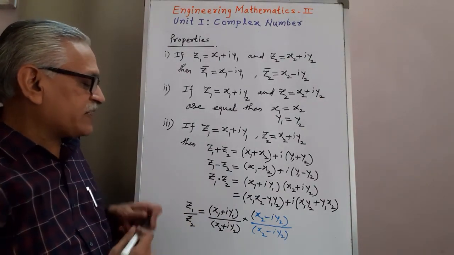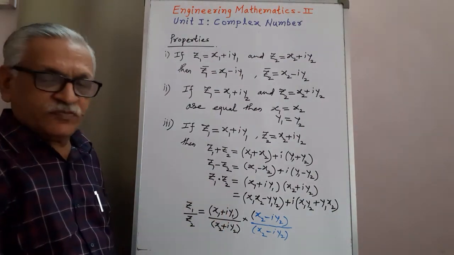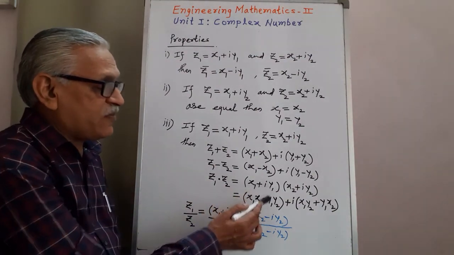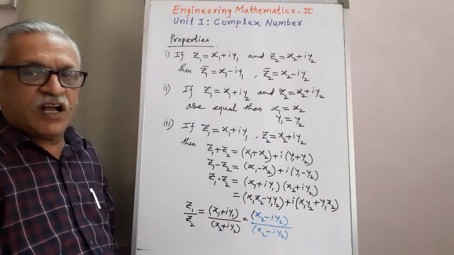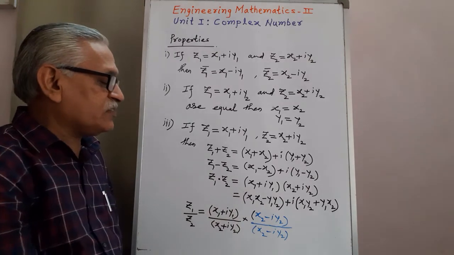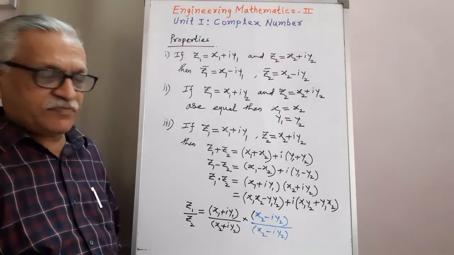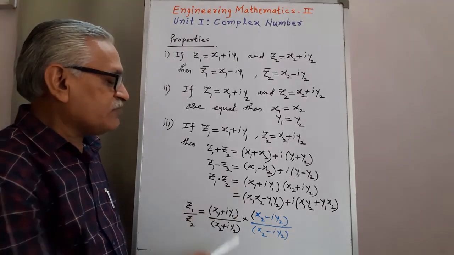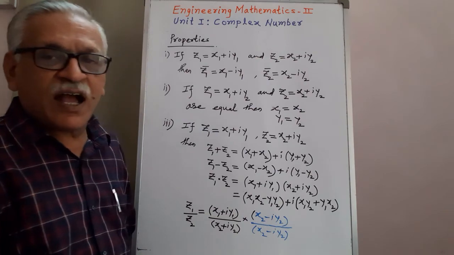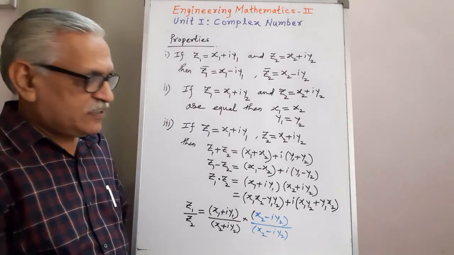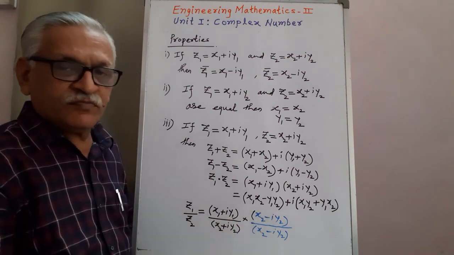Next arithmetic operation, the product of two complex numbers z1 into z2. z1 is x1 + iy1 multiplied by another complex number x2 + iy2. Performing term by term multiplication, we get x1 x2 as the first real term, and iy1 into iy2, with i square equal to minus 1, therefore it is minus y1 y2.